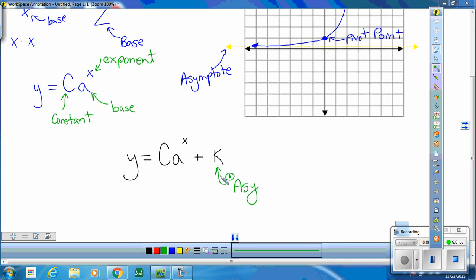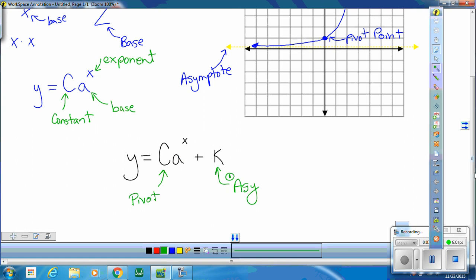The second thing we need to know is where's our pivot point. And that's what C is going to tell me. C tells me how many spaces above the asymptote is my pivot point. If C is equal to 1, then it's just 1 above the asymptote. If C is 5, then it's going to be 5 spaces above the asymptote.